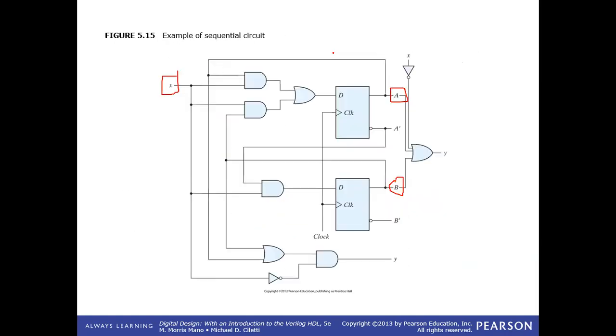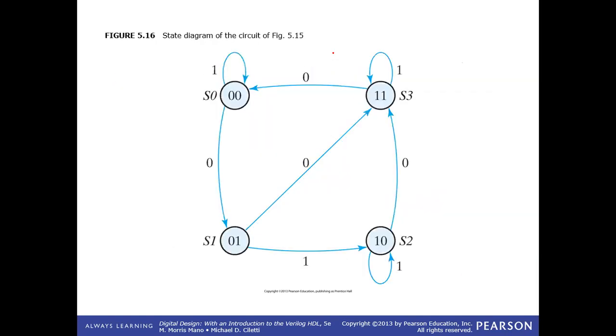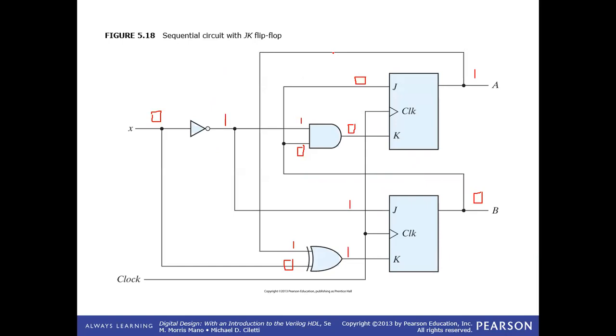No intermediate state. In a J-K flip-flop, we don't have an intermediate state. The output changes to Q bar, right? Yes. It complements the output. So if B is equal to 0, it would become 1.